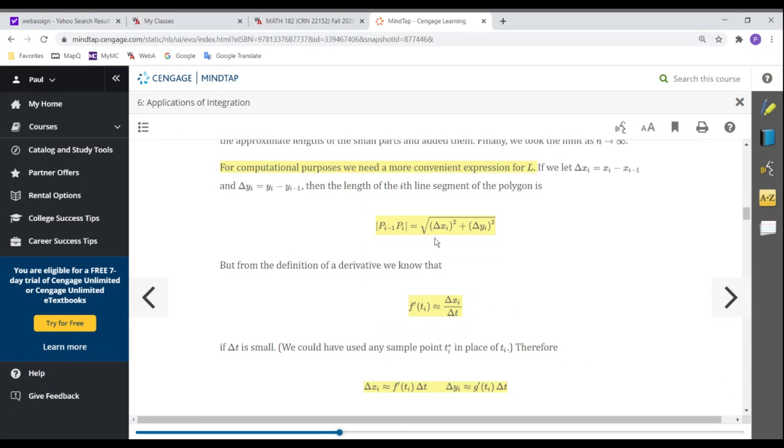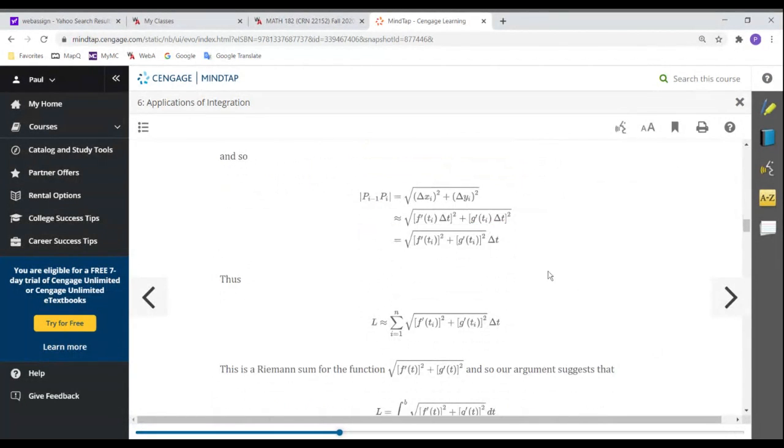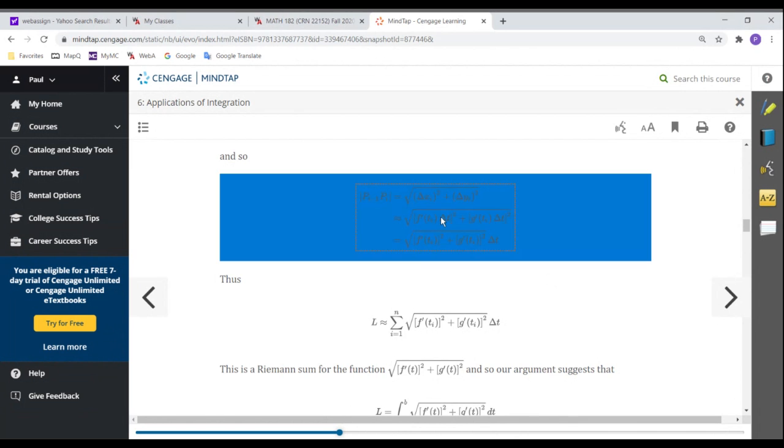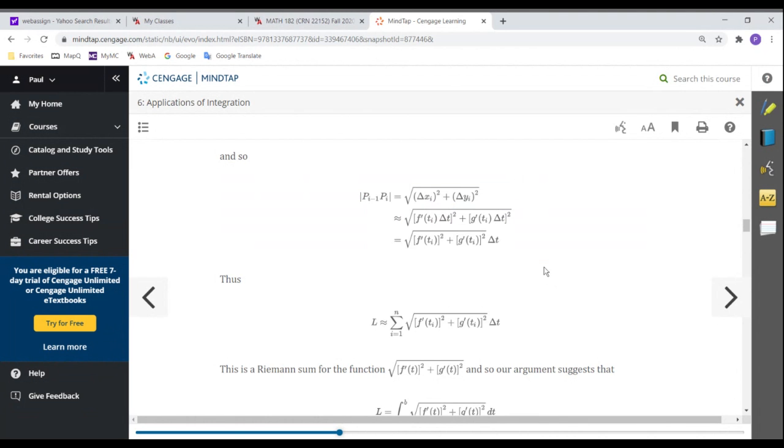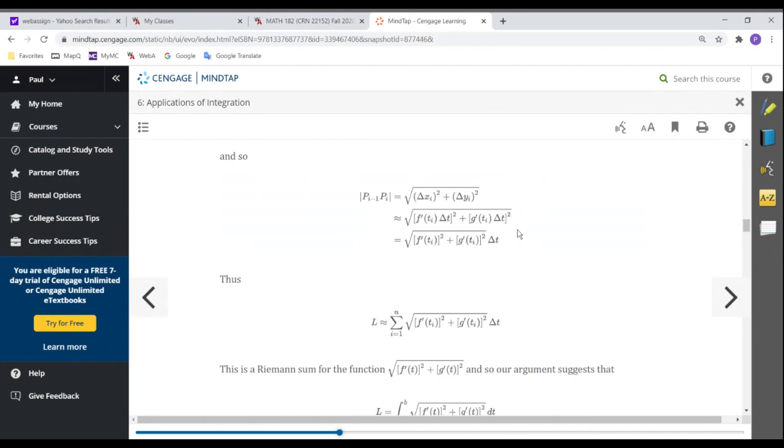And what we're going to do, in this length formula for the length of that line segment, is replace delta x and delta y with f prime of t sub i delta t and g prime of t sub i delta t. When we do that, we can factor out delta t squared from both of these expressions, and delta t squared becomes delta t under the square root.